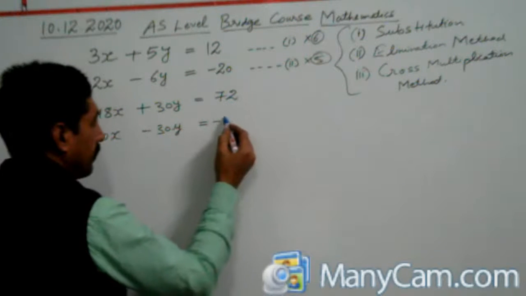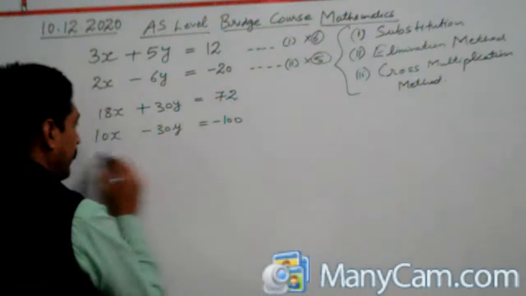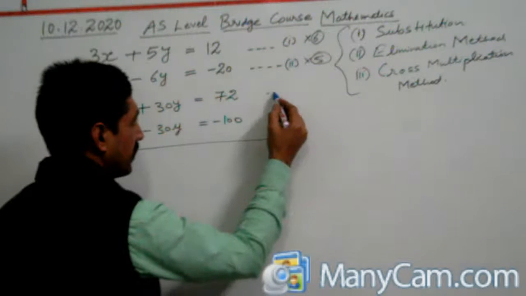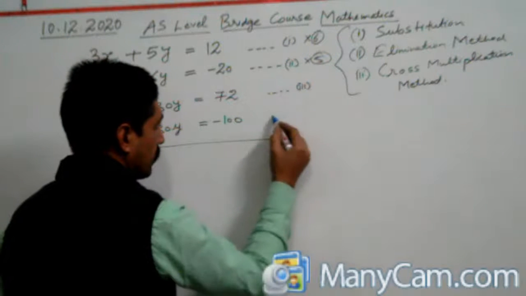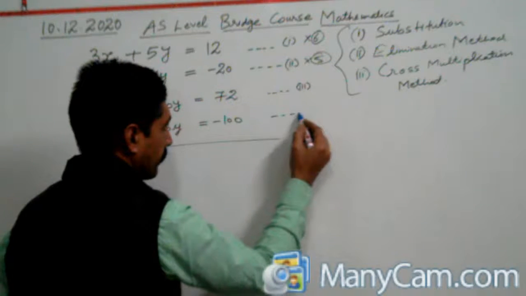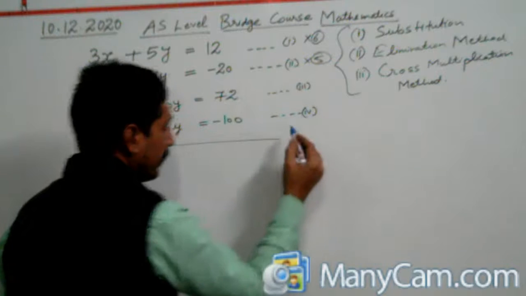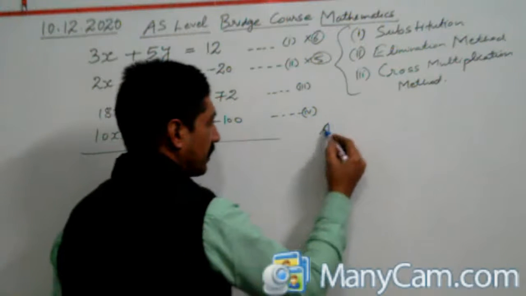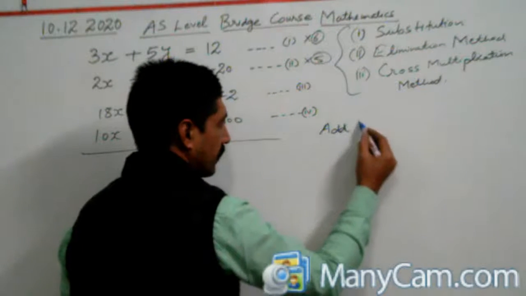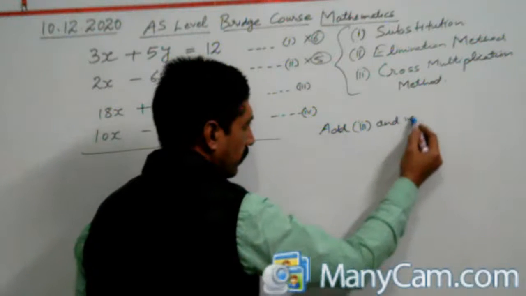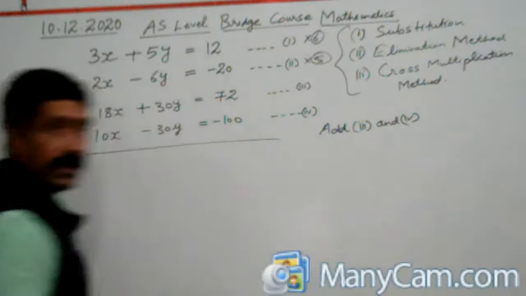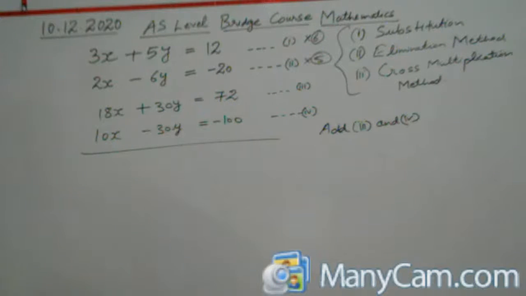minus 100. Now adding, this is equation number 3 and this is equation number 4. So what we are doing, adding equation 3 and 4.